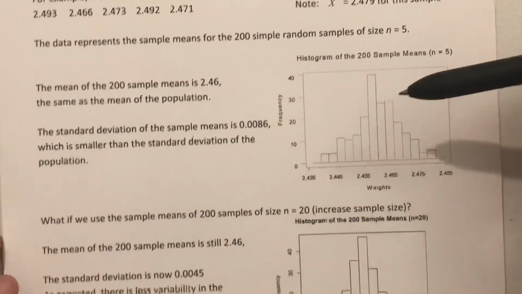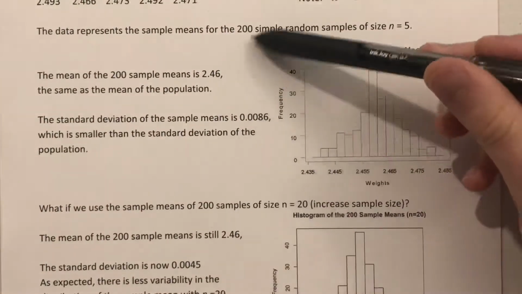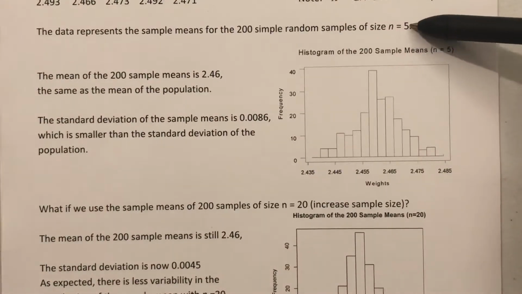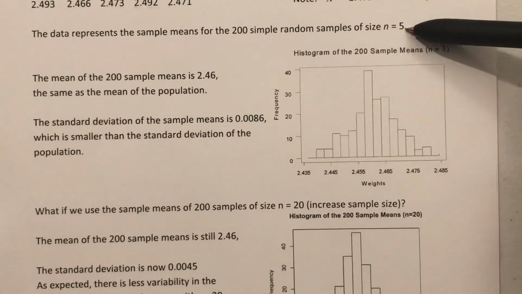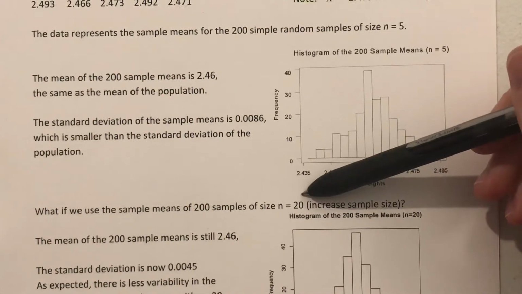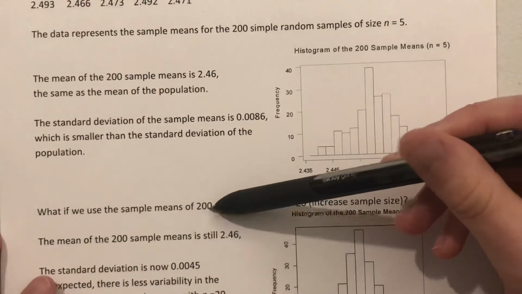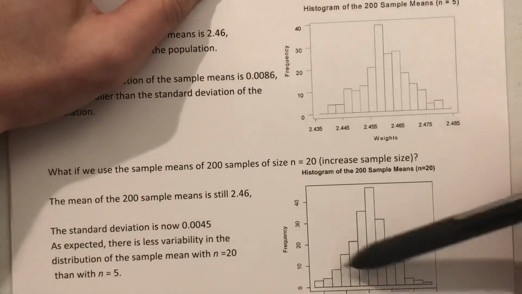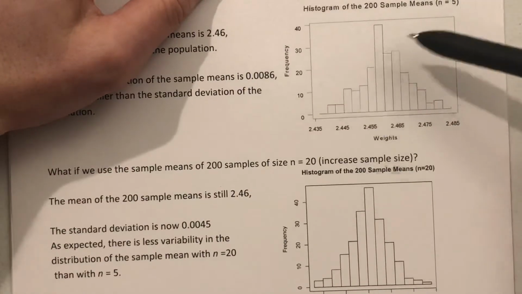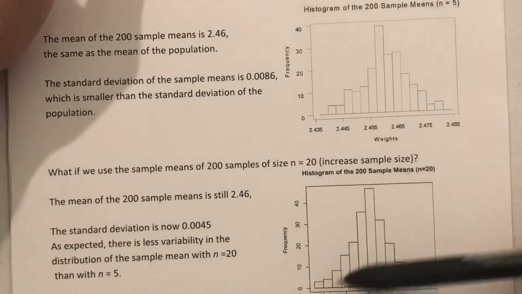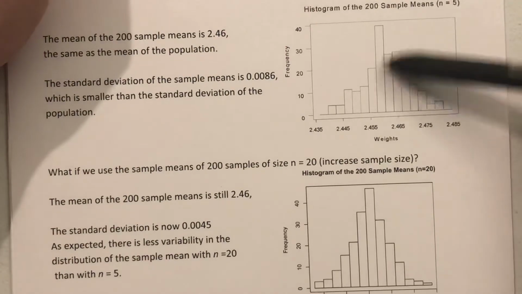Now, what if instead we leave it as 200 samples, but we increase the size of our sample from 5 to 20? Increasing the sample size from 5 to 20, but keeping the same number of samples gives us this distribution. If you compare the two, both look relatively bell-shaped, but this one looks more symmetric, with a bit higher peak.